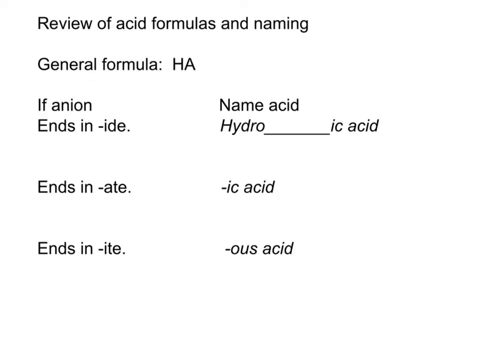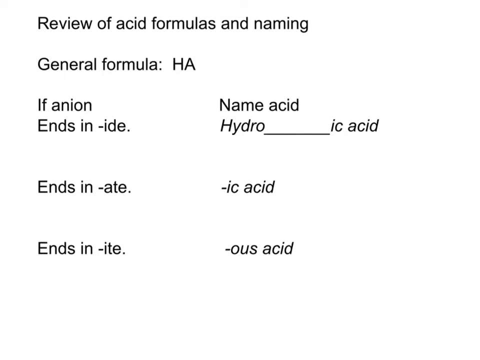All right, so let's move on and talk about naming of acids. To review acid formulas and naming, the general formula for any acid, or at least most acids, is going to be H, the element hydrogen, in an ionic compound with some anion, and we just put the generic letter A to represent the anion. How an acid is named is based on what anion the hydrogen's partnered with.